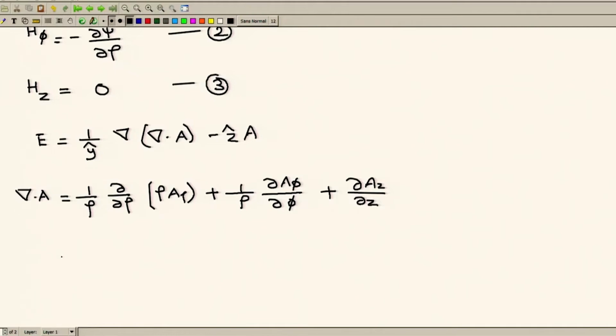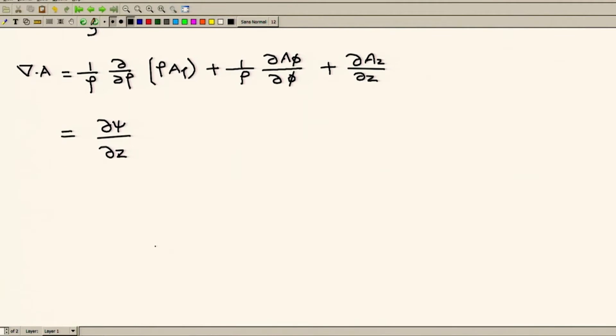So for this case this will be 0, and we are left with del of psi upon del z.